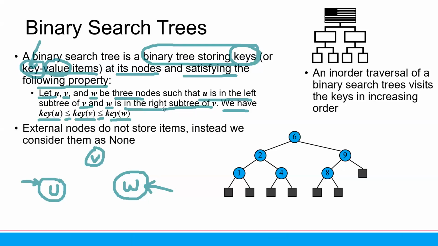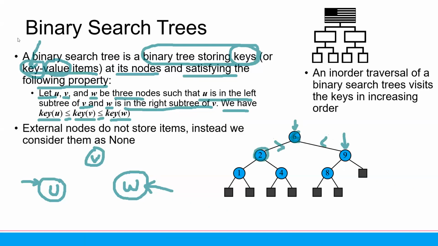If you take a look, let's say I have 6 as the root key, then the left will be smaller than or equal to the root. And in the right part, it should be greater than or equal.